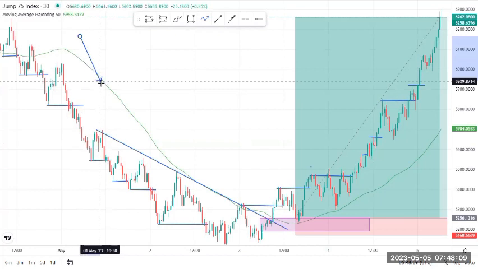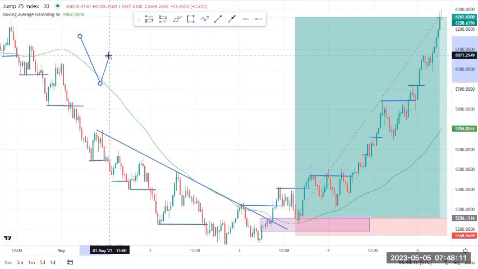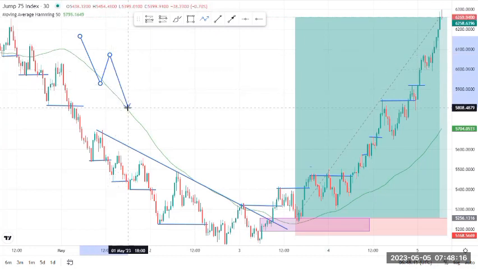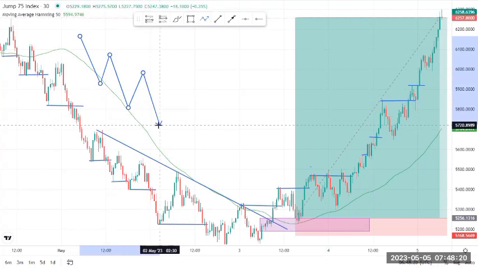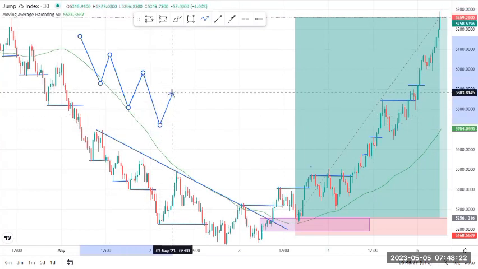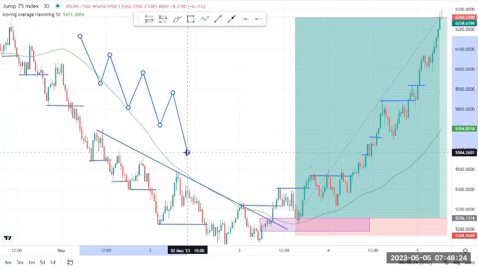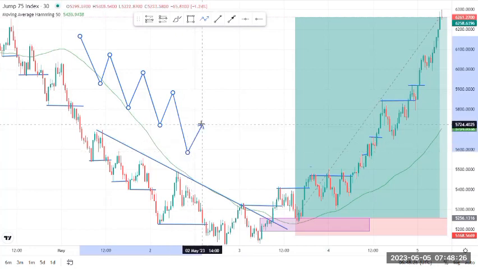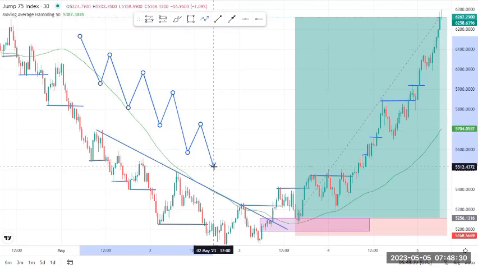In a downtrend like this, what we are going to be having is a high, then lower high, lower low, lower high, break of structure, lower low, lower high, break of structure, lower low, like this, lower high, lower low.